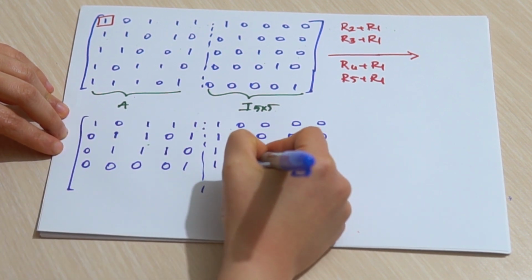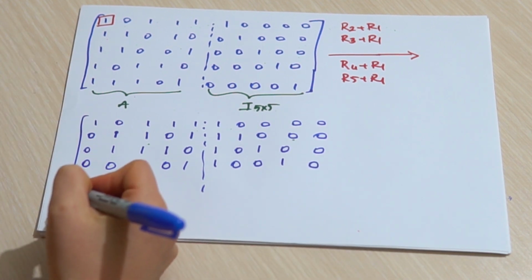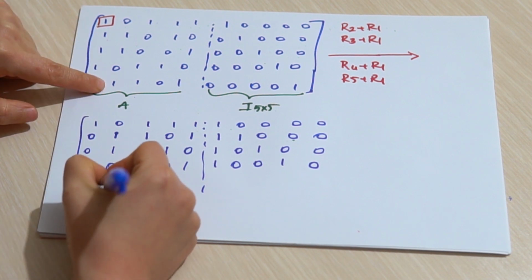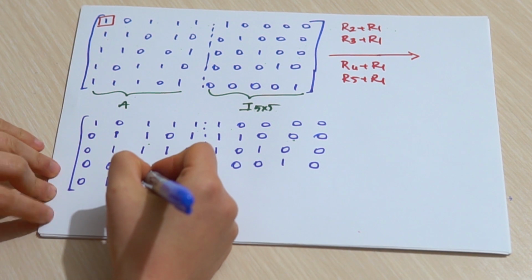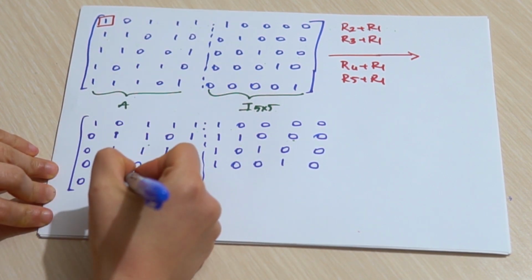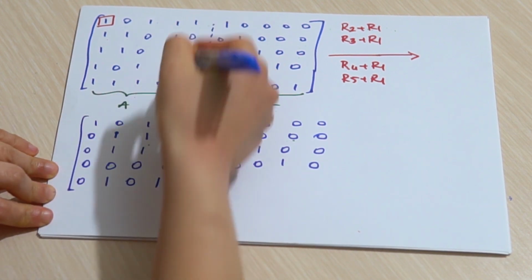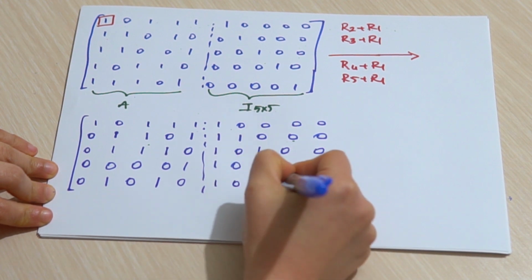I have 0, 1, 0, 0, 1, 0. Let's get row 5 plus row 1, 0, 1. 0, 1 plus 0 is 1, and 1 plus 1 is 0. Then I have 1, 0, 0, 0, 1.